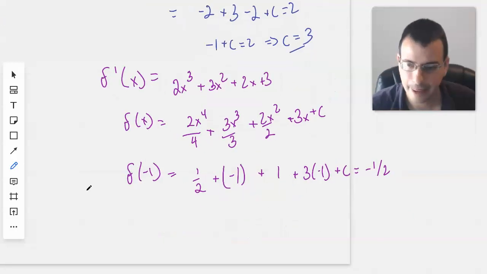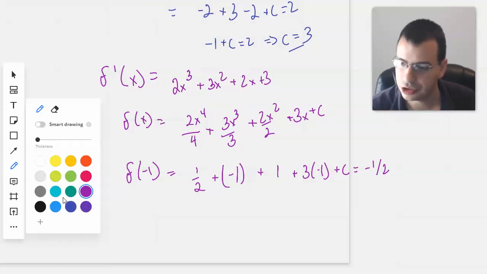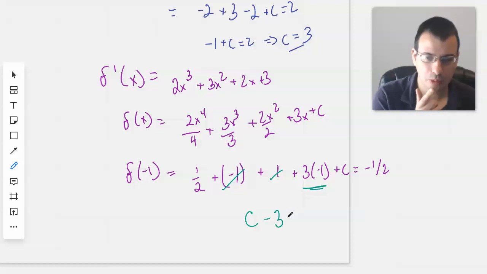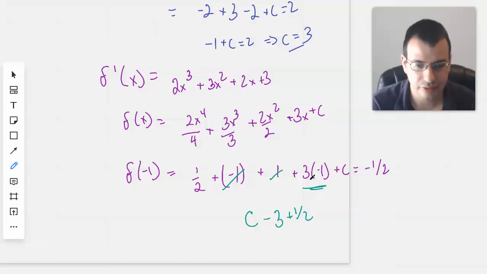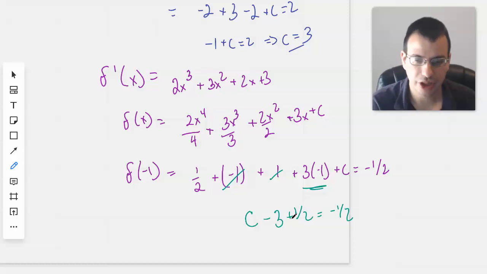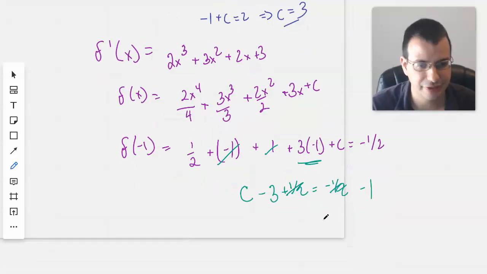Okay? More simplification. So the negative 1s will cancel. We'll have a negative 3 here. So we have c minus 3 plus 1/2 equals negative 1/2. Moving the 1/2 over to the other side, negative 1/2 minus 1/2 is negative 1.